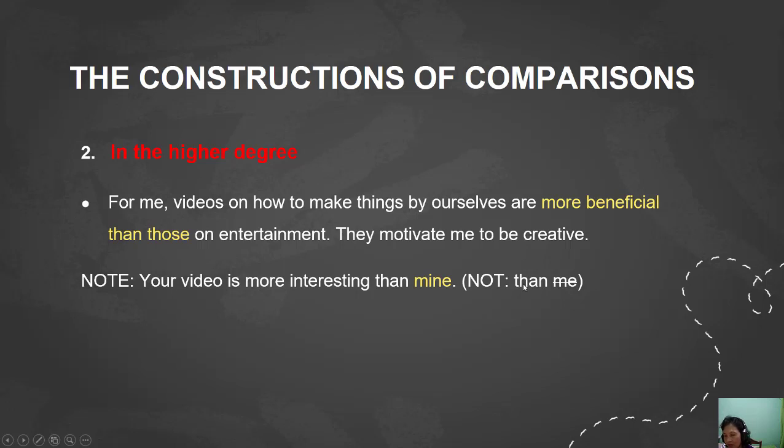If you have that sentence, it means that your video is compared to me. No. What we want to compare is the video. So your video and my video. But we don't use my video here. It is better that you avoid the same word in the same sentence. That's why we use the possessive pronoun. Your video is more interesting than mine, not my video.